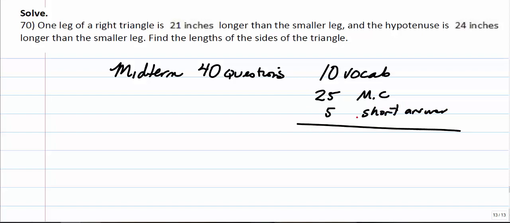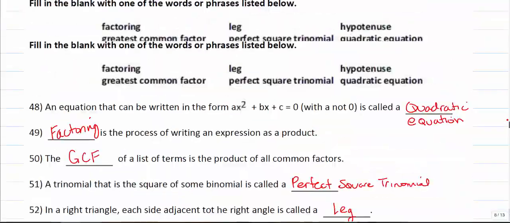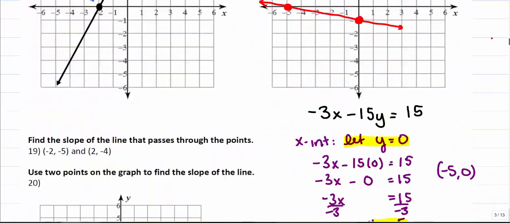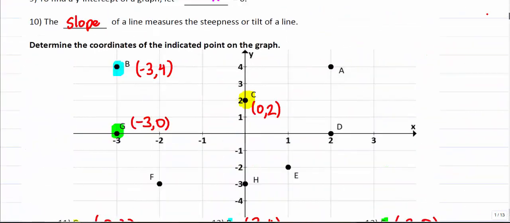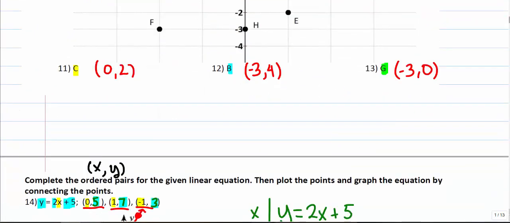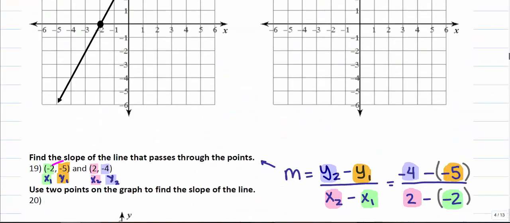So what I mean by multiple choice and what I mean by this study guide is, going all the way back to the first page, I may have a question like, instead of finding C, B, or G, I might just use D or E or something. Instead of using these numbers, I might change the numbers.